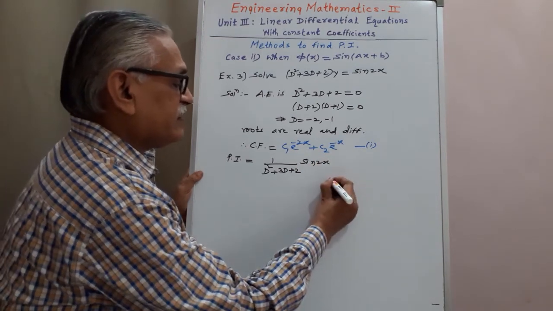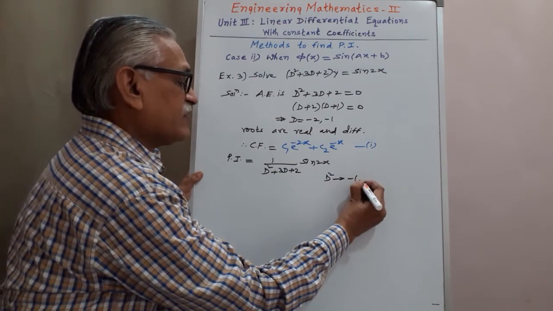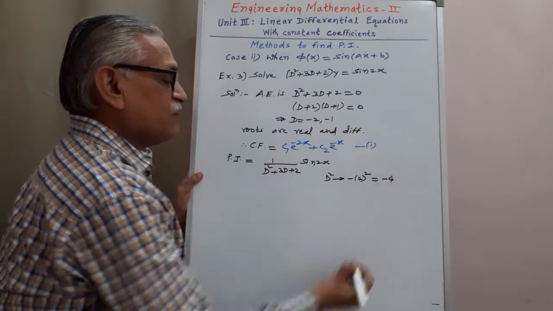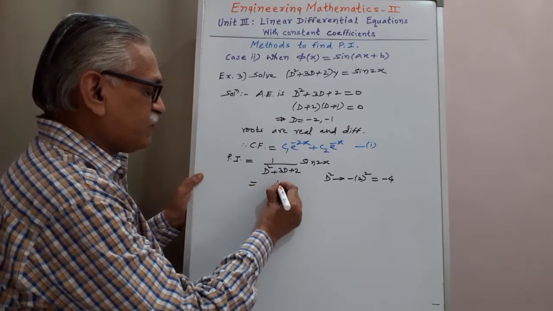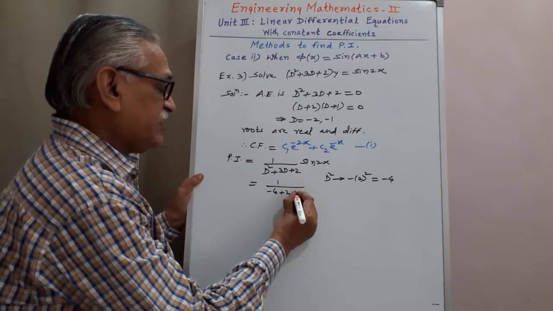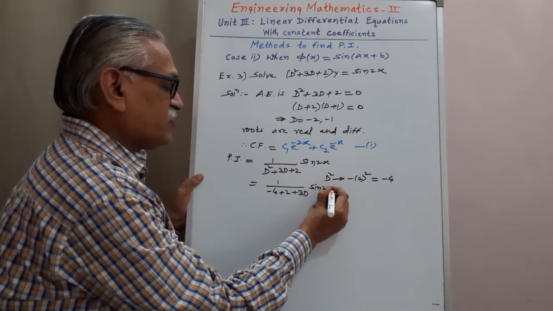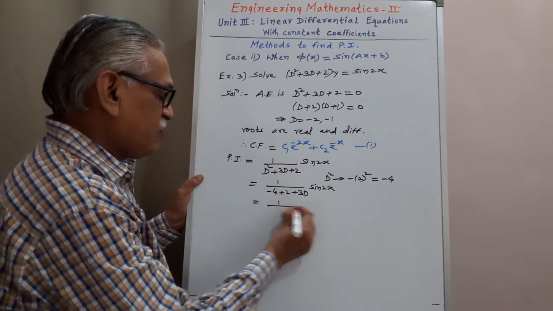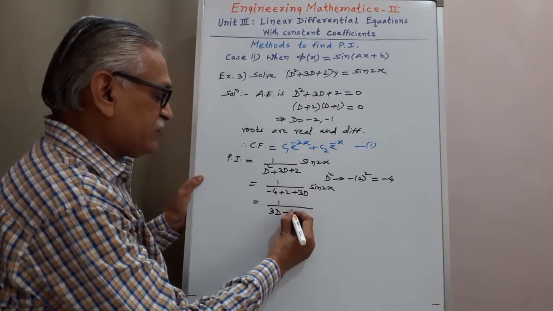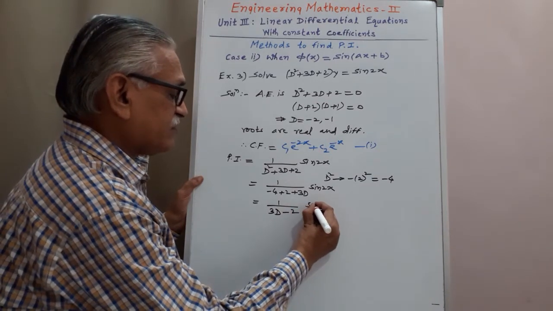Then, using the technique, D square is replaced by minus a square. A is here 2, therefore 2 square, and that value is minus 4. Replacing D square by minus 4, we get 1 upon 3D minus 4 plus 2, which is 3D minus 2, operating on sine 2x.